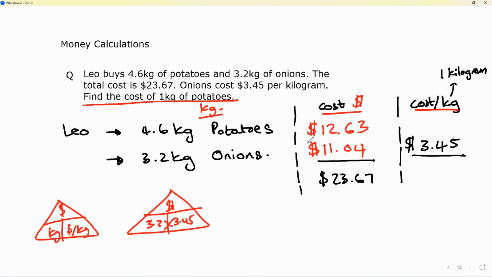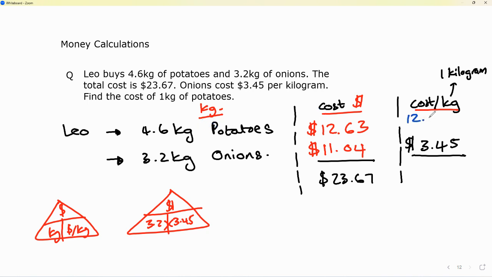Remember, kilograms is over there, cost is over there. So if I want to find that amount, which is for 1 kilo, another way of saying 1 kilo is per kilo. So all I have to do is divide the dollar amount this way.